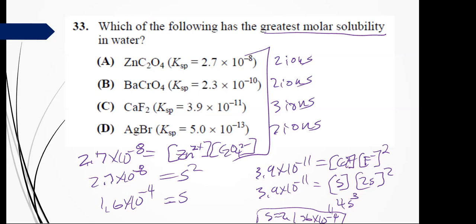We can see that our calcium fluoride is just that little bit higher in its solubility than our zinc. So you have to make sure that you take into account all of the different ions that it can break down into. So don't just look at your KSP, look at your number of ions as well. ACS likes to throw those little curveballs at you.